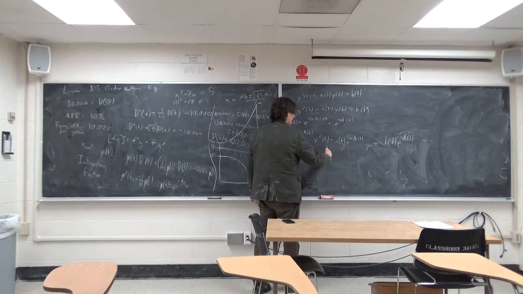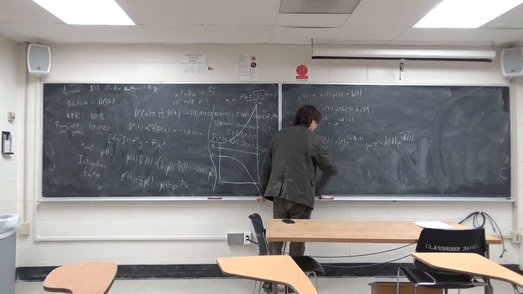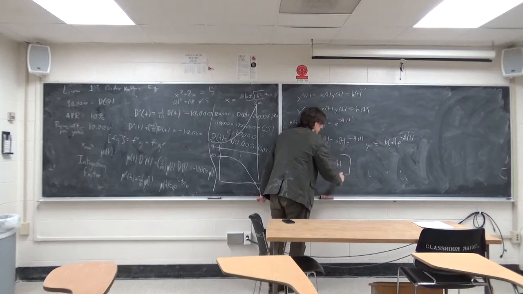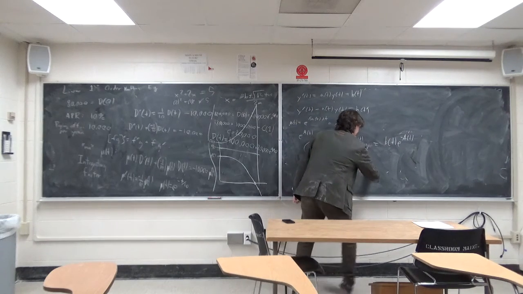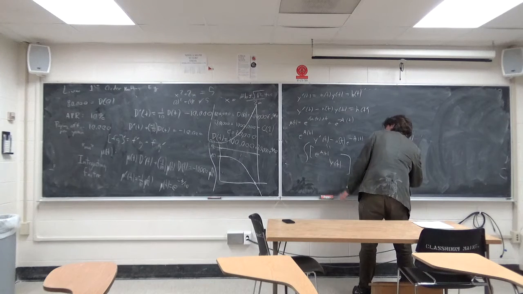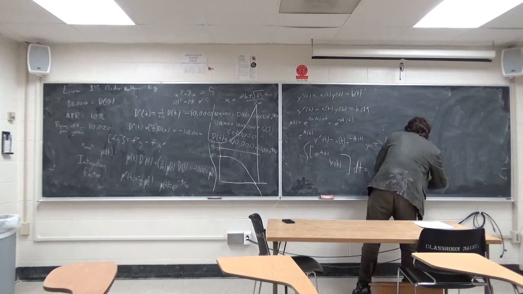I recognize that this right here is the derivative of e^(-A(t)) times y(t). I just integrate this: integrate b(t) e^(-A(t)) dt.